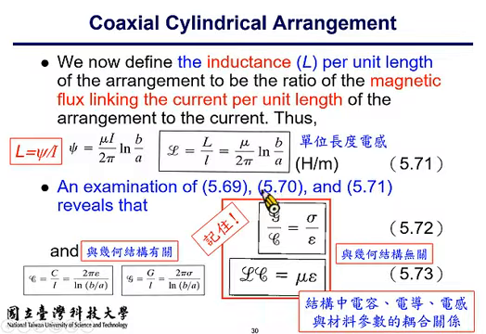So here we have two critical relationships. The ratio of G over C, conductance over capacitance, equals the ratio of conductivity sigma over epsilon. And the product of L and C equals mu times epsilon.